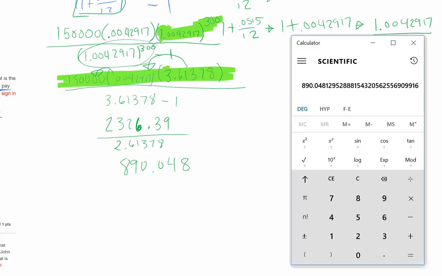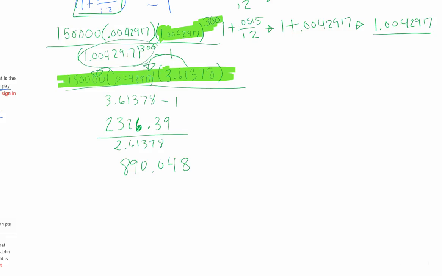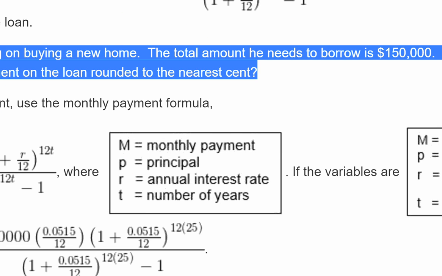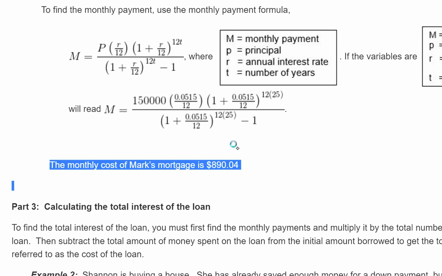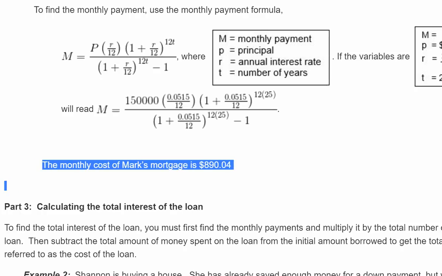Okay, and if we look at what they did in the lesson, we got the same exact thing. A little bit higher because we rounded, but that's okay. There's a margin of error that I will accept on these questions.